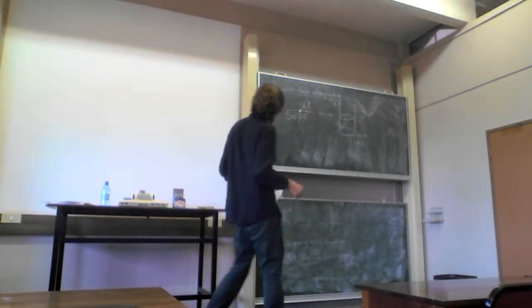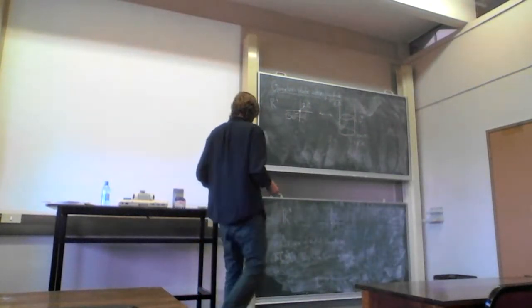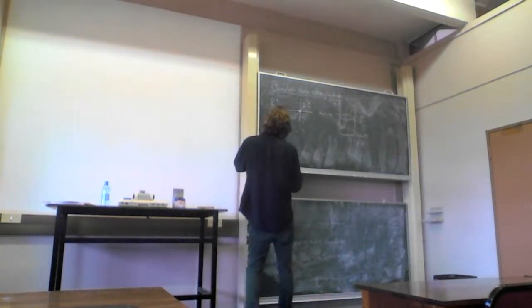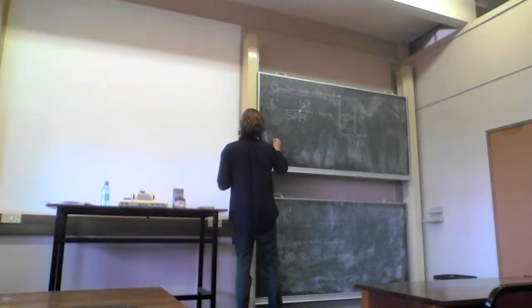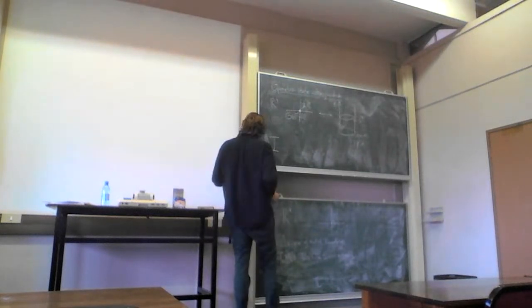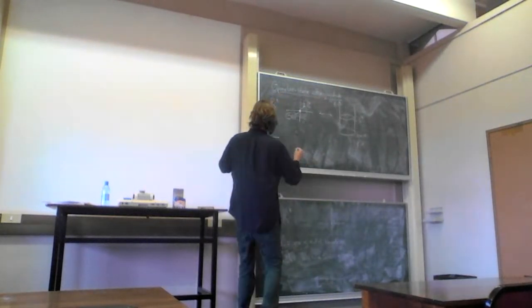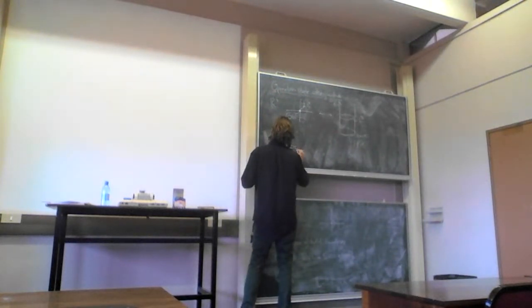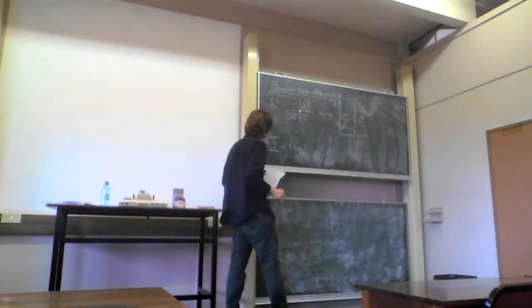Okay, so now we have the ingredients to define our index. I'm not going to fully define it, but we're going to do it slowly. I call it I again. I'm going to define it as the trace over this Hilbert space.